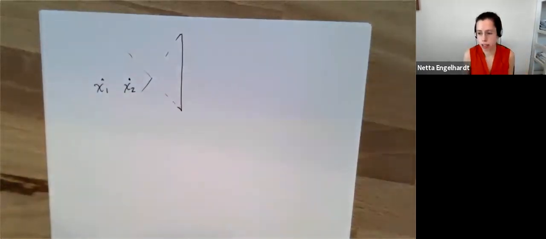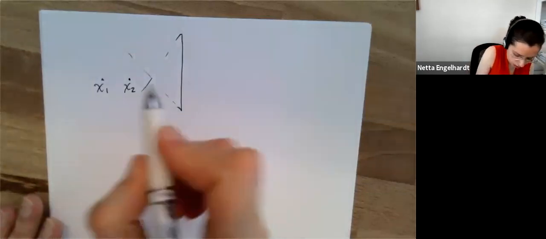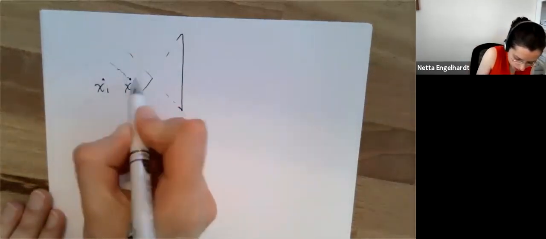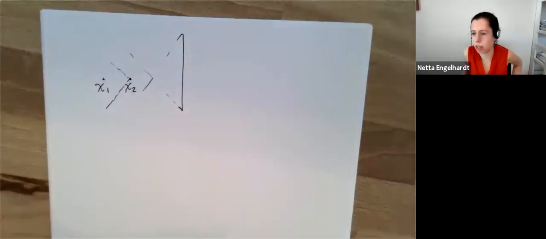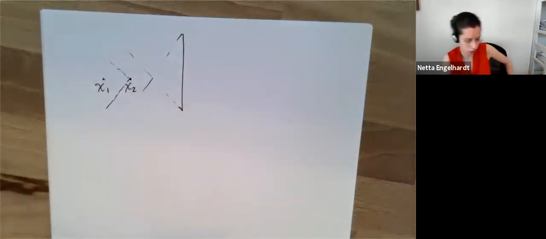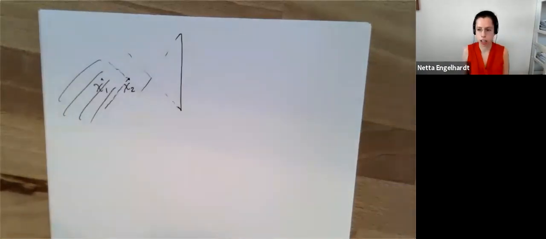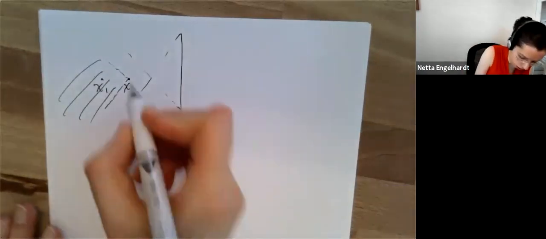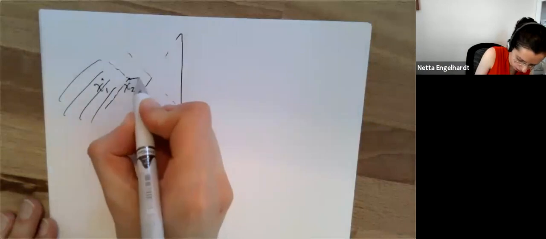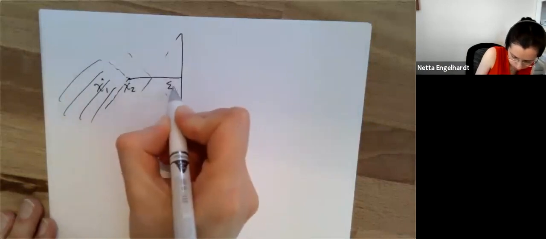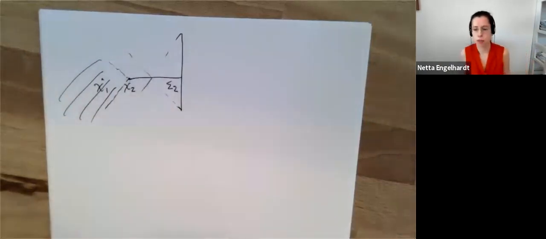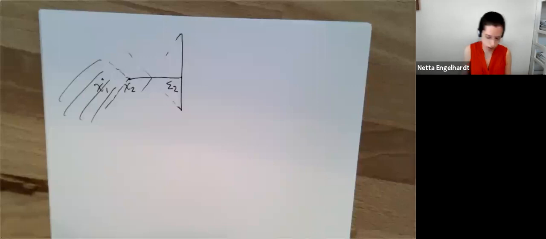I'm going to forget about everything that lives behind this non-minimal quantum extremal surface. I'm just going to throw it out. Then I'm going to take a Cauchy slice of what's left, sigma 2, and CPT conjugate it around chi2.